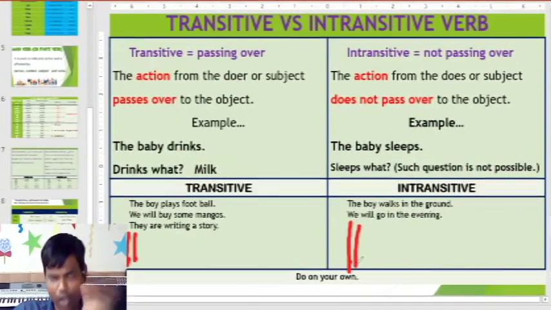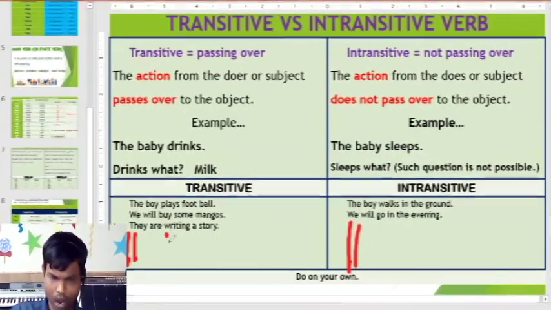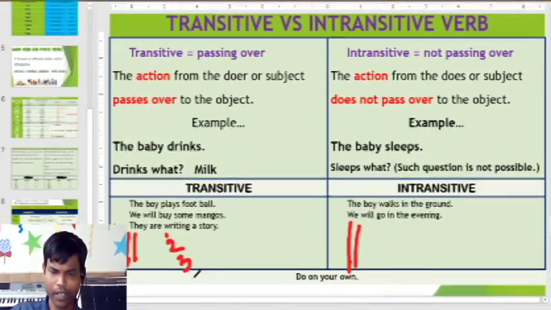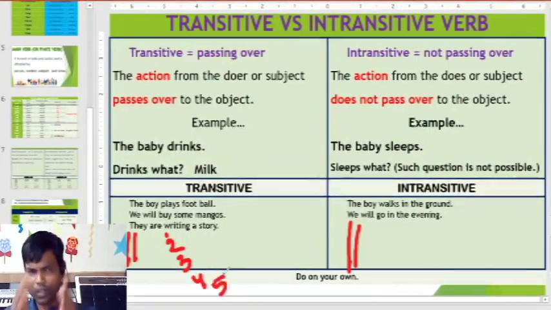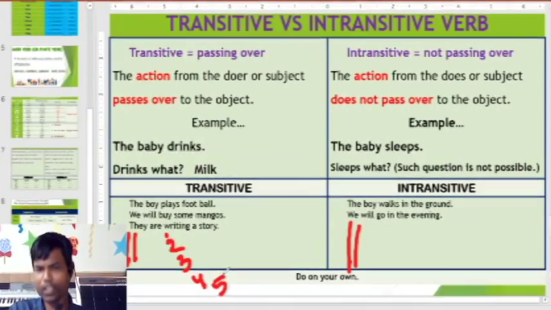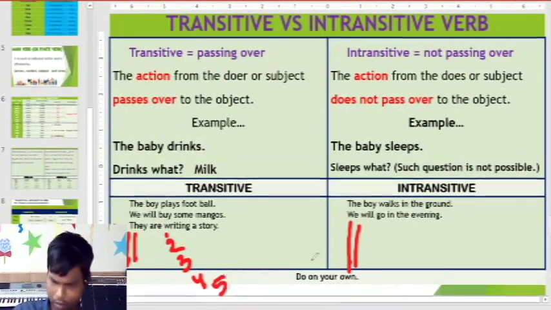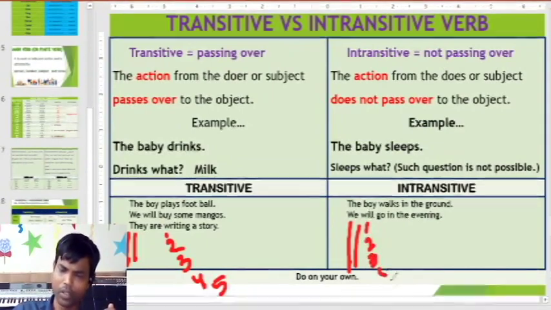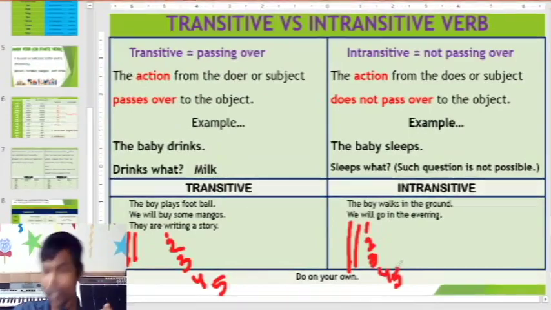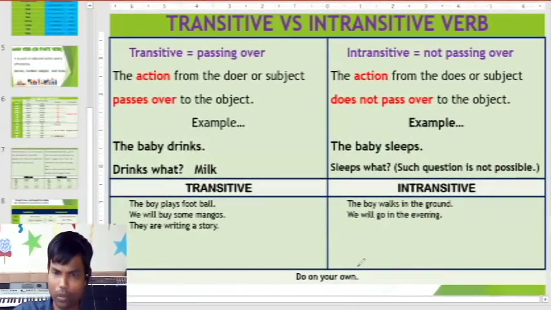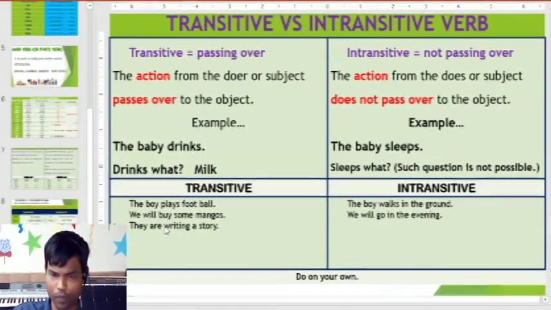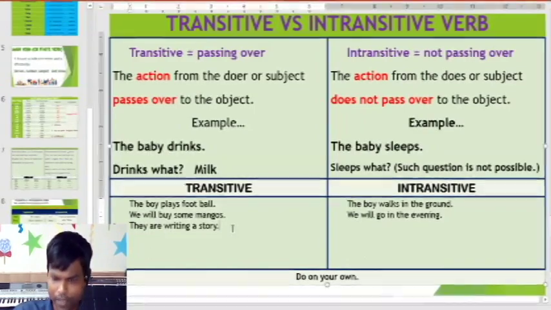I have given this empty space for you, so that you can try writing down five sentences using a transitive verb. Similarly, write five sentences, my dear students, using an intransitive verb. And if you have understood, I will be happy that you have got it well.